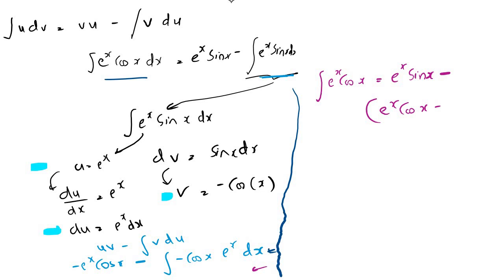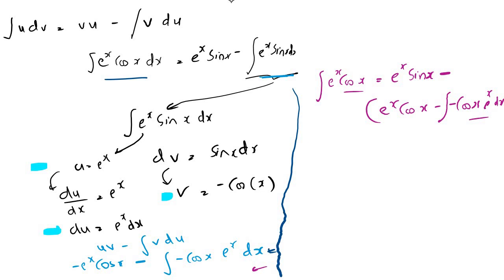That would be integral minus cos x e to the power x dx. This and this is the same thing. So this and this is the same function. Let me write that again.